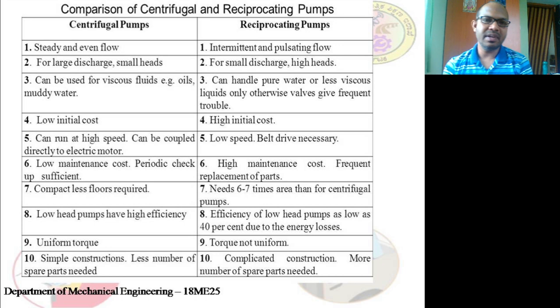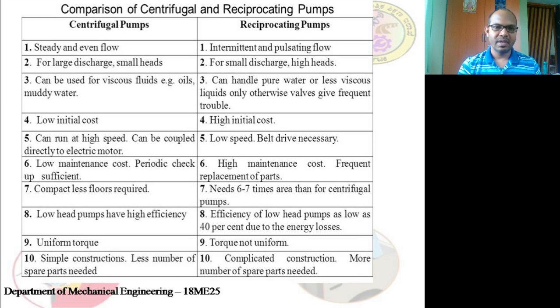When it comes to the centrifugal pumps, a large amount of discharge will be done, whereas here a small discharge will be done. Centrifugal pumps can be extensively used for discharging a large amount of liquid, whereas the reciprocating pumps are used for discharging a small amount of liquids.